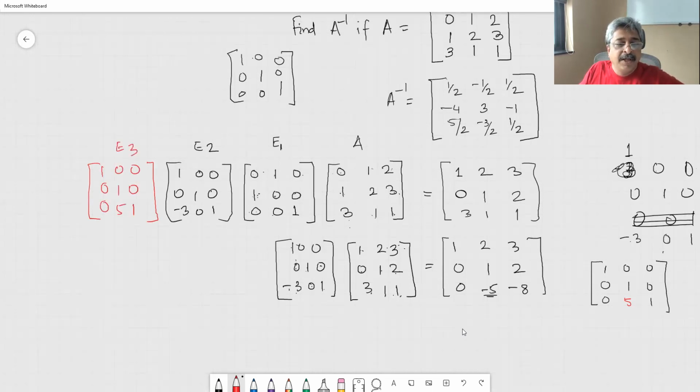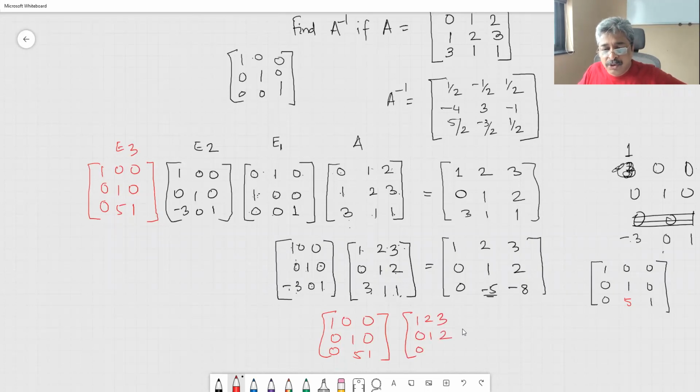This is E3, and I am supposed to multiply E3, [1, 0, 0; 0, 1, 0; 0, 5, 1], with [1, 2, 3; 0, 1, 2; 0, minus 5, minus 8]. Of course, I am now confident that the first two rows will not alter: 1, 2, 3, 0, 1, 2.